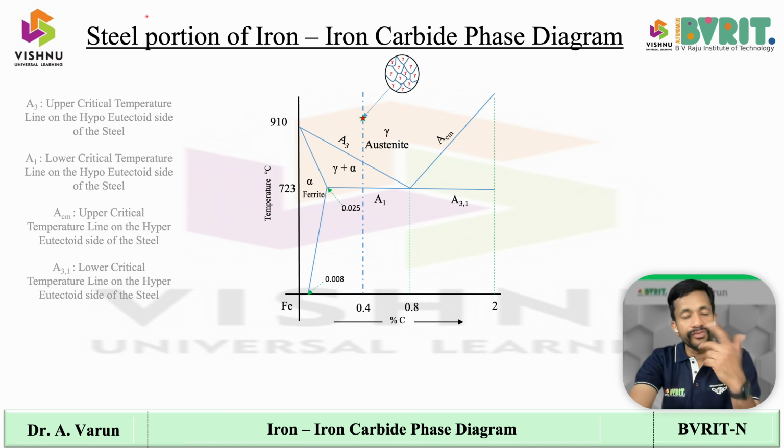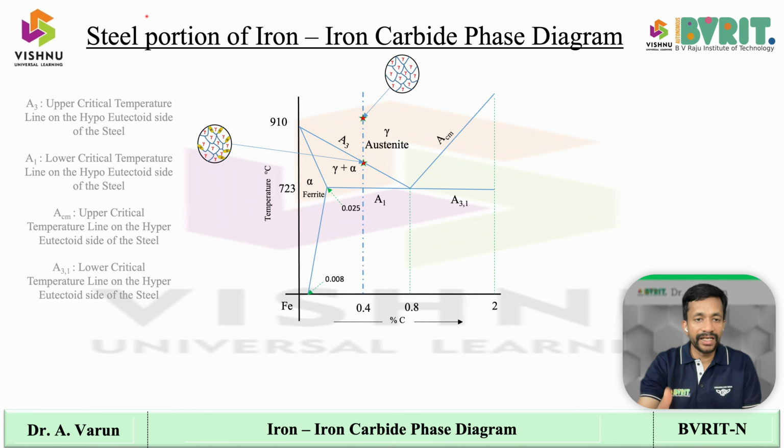So gamma, if you remember, is in the FCC crystal structure. Now, when the FCC crystal structure has to change to BCC, which is alpha iron, it cannot happen when carbon is already present. So it will first remove the carbon which is present, and then it will change from FCC to BCC, and form that BCC crystal structure.